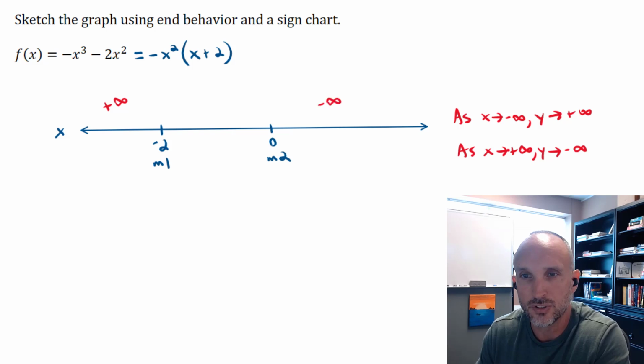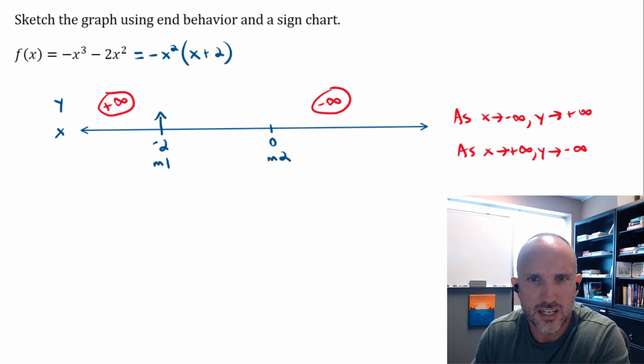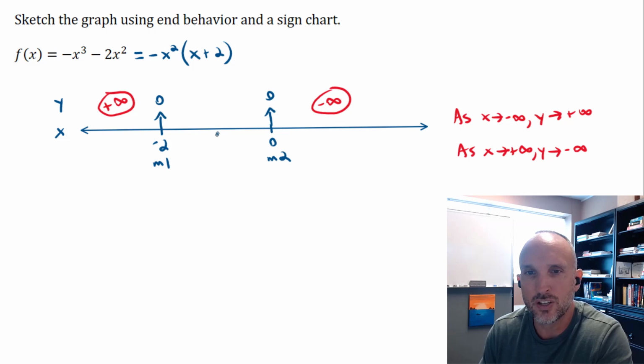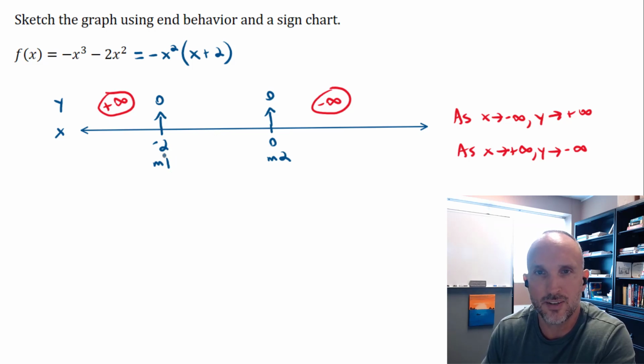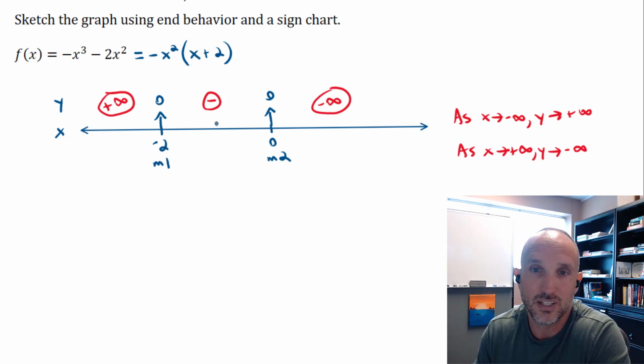So we can put those up here for our y values. Oh yes, and at our zeros, our y values are 0 in this case. And then we could plug in -1 on the calculator, or we could use a multiplicity. This is an odd multiplicity, so I know this positive output is going to turn to a negative output here. All right, we have a complete sign chart.